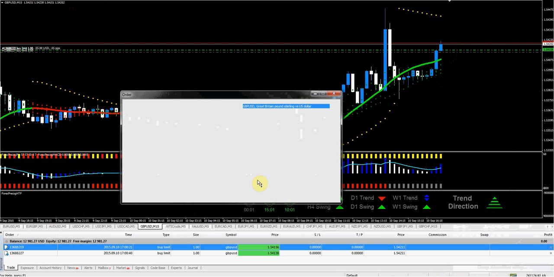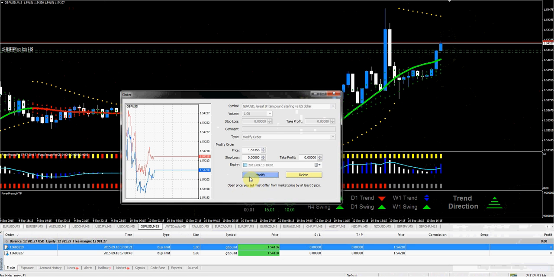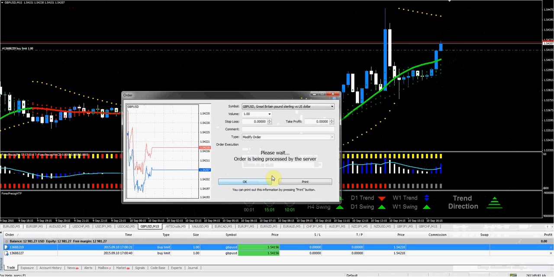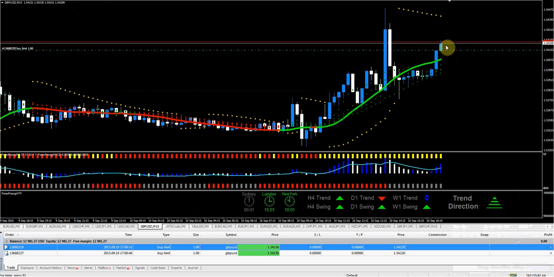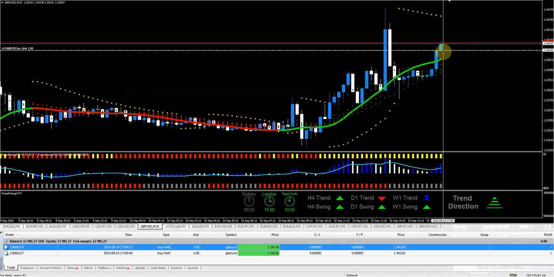And this is the only modification I'm going to make here. If we don't get filled, if the market decides to just shoot straight up, then so be it. We will have just missed the trade.